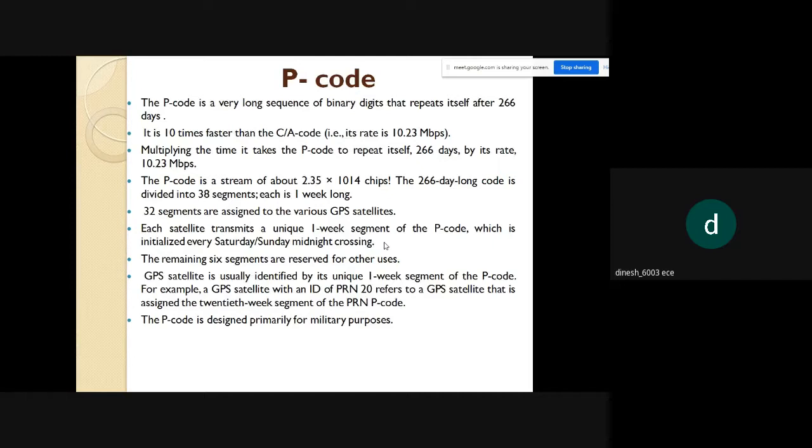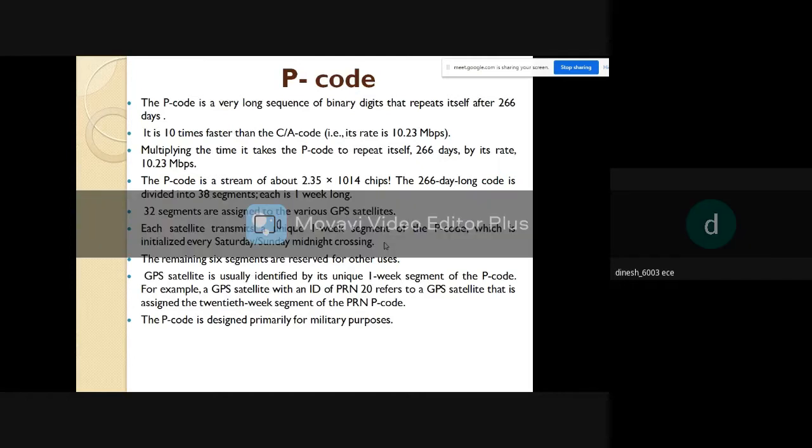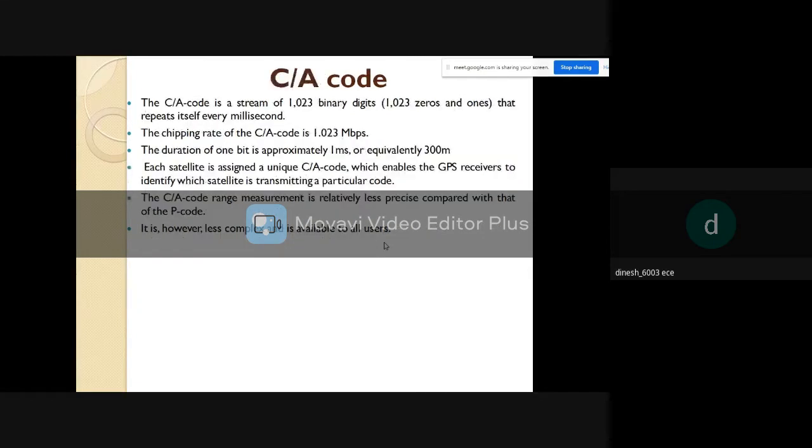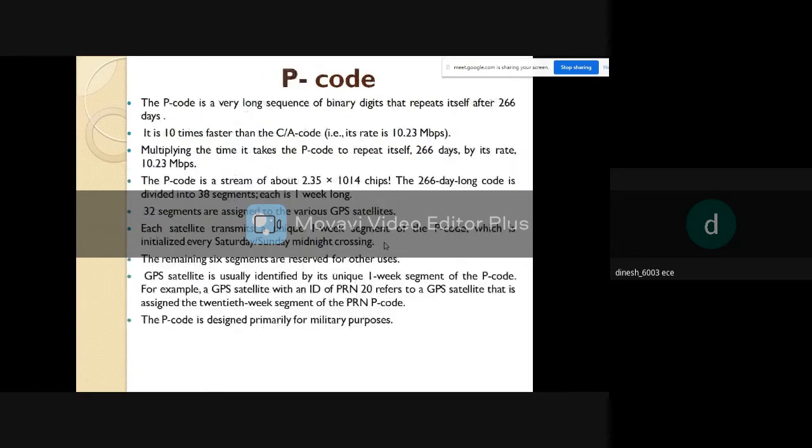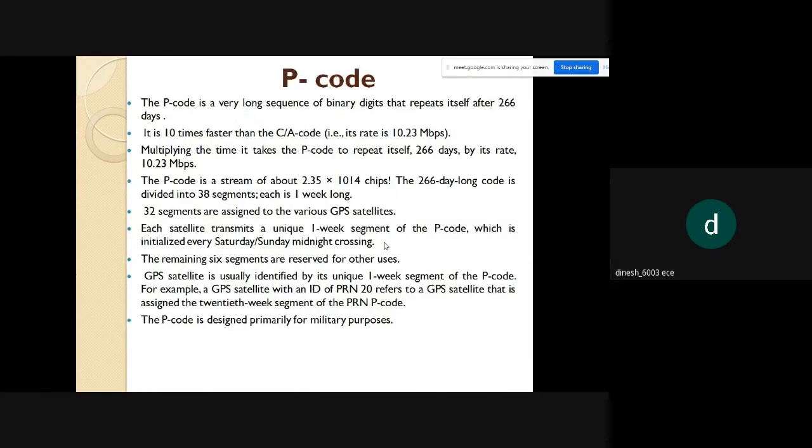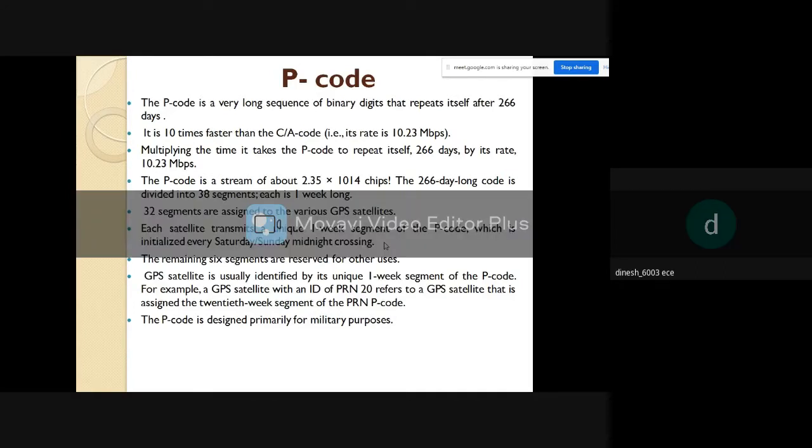If our code rate of C/A is 1.023 megabits per second, multiply that by 10. So you will be getting the precision code data rate as 10.23 megabits per second. Since this P code will repeat itself after 266 days, this will have a higher data rate.